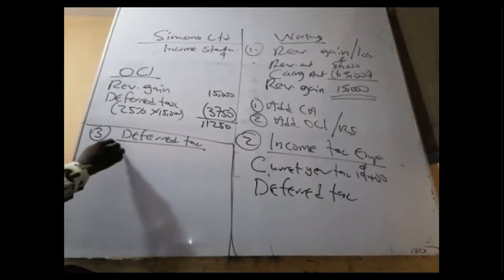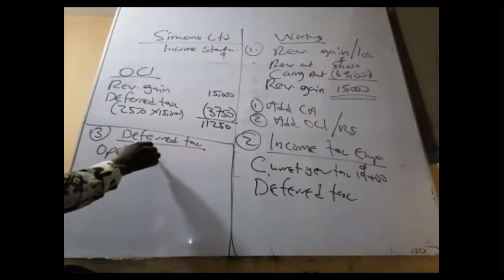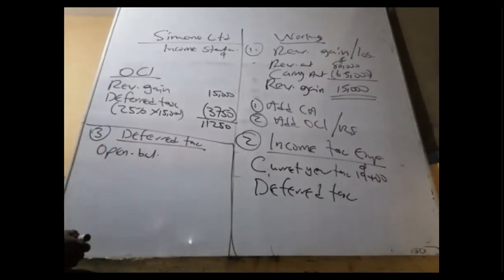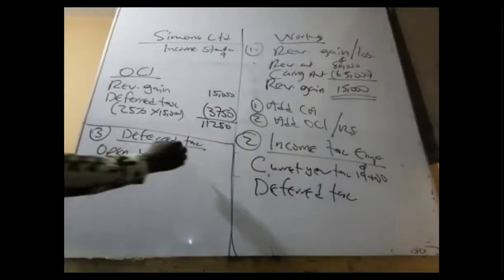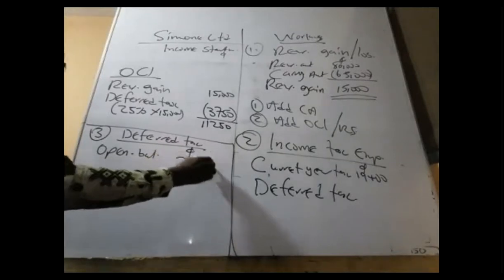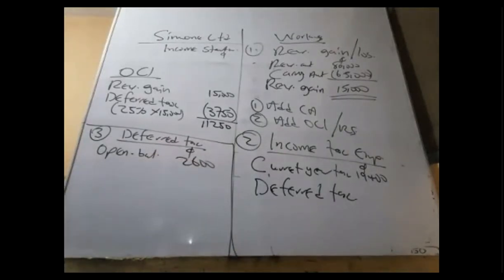Write the opening balance here. The opening balance is from the question. The opening balance for the deferred tax happens to be 2,600. So let's write it: 2,600. Leave a space, then write the closing balance.